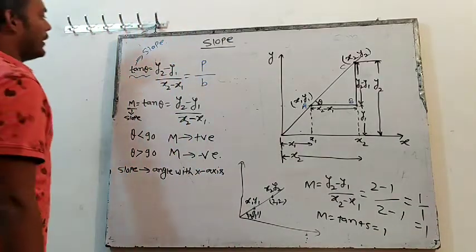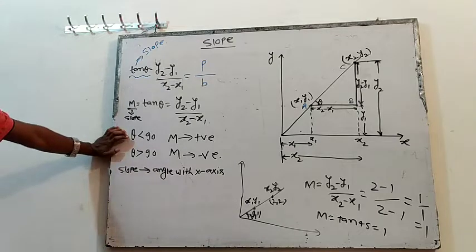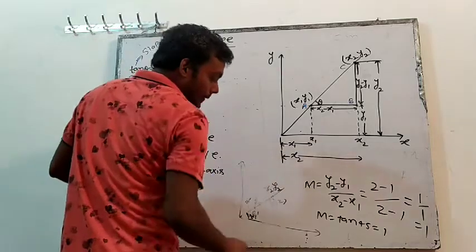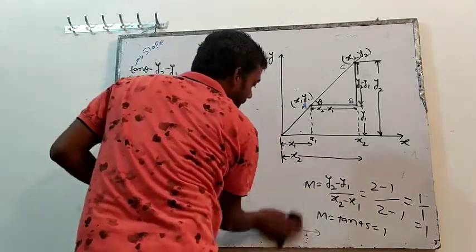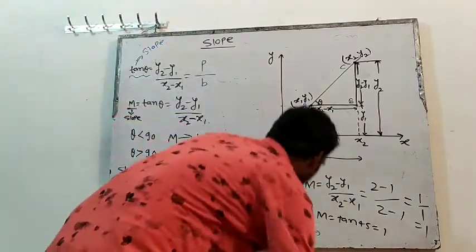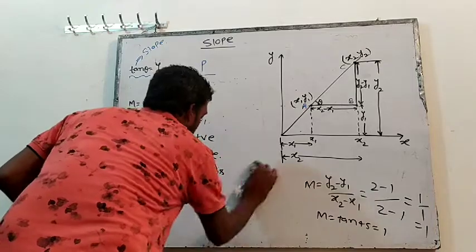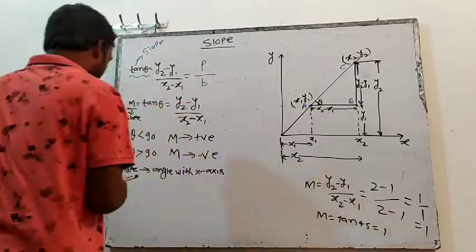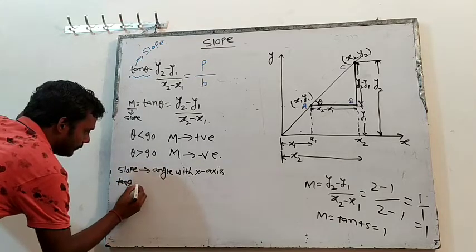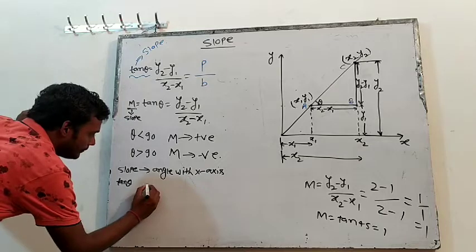Now try to understand one thing. If theta is less than 90, you know one thing about tan. If theta is 0, tan 0 is how much?